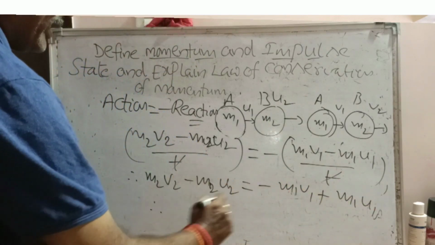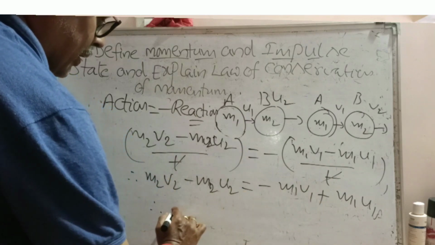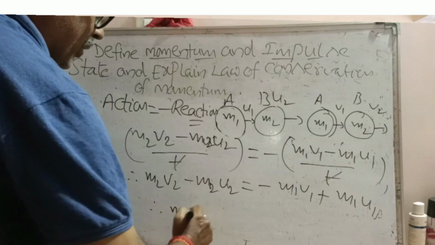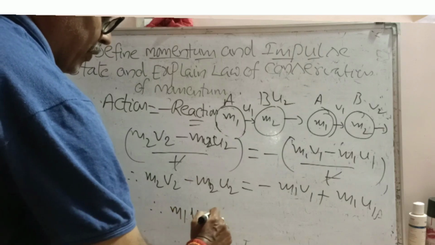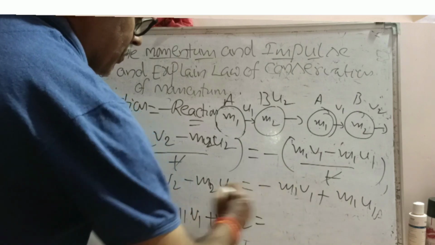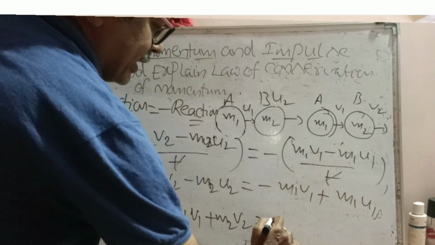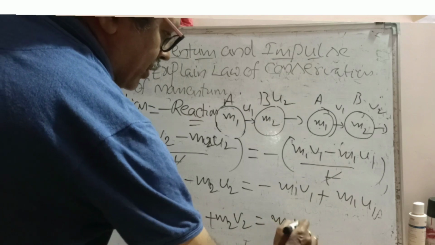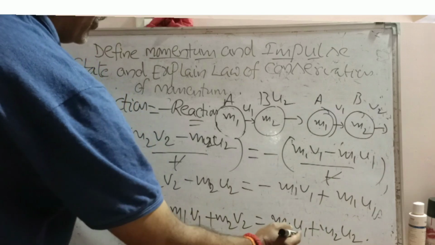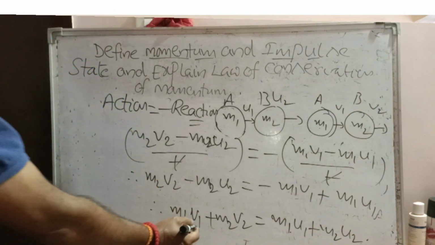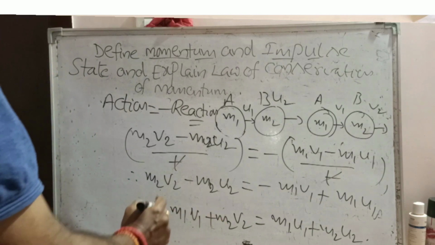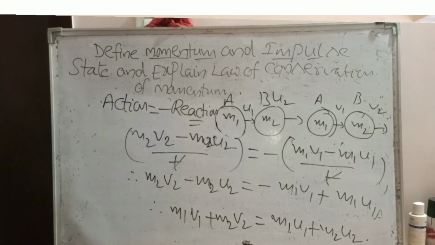Once we rearrange this equation, m1 v1 is taken to the left side, so m1 v1 plus m2 v2 is equal to m1 u1 plus m2 u2. Therefore, m1 u1 plus m2 u2 is equal to m1 v1 plus m2 v2. This is called the law of conservation of momentum.